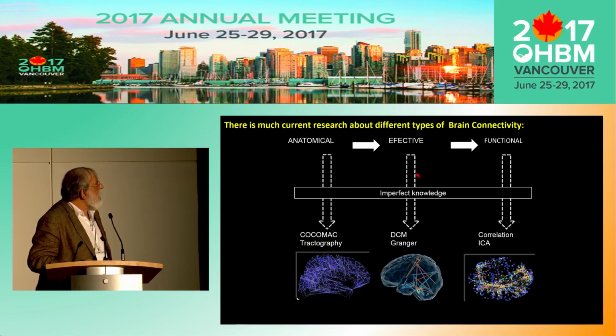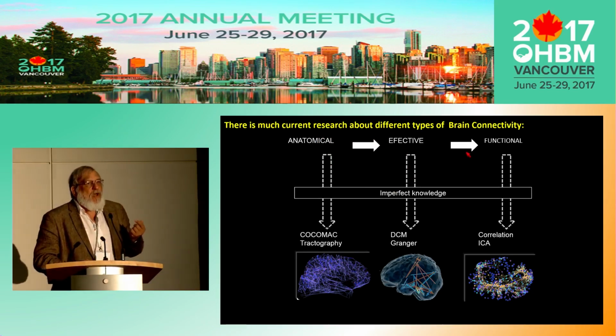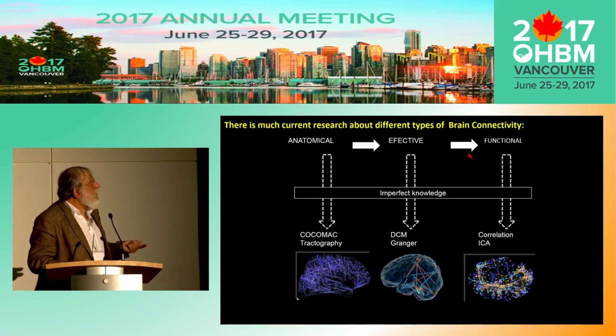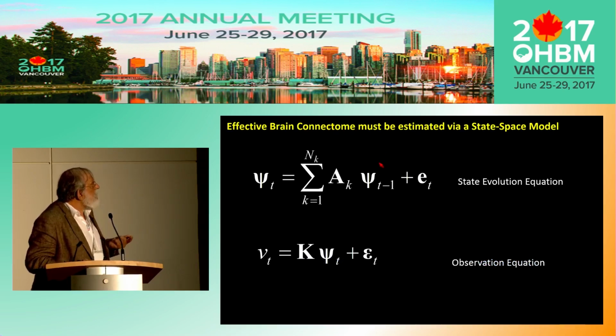We don't observe them exactly. We have imperfect knowledge. Therefore, we have to estimate the anatomical, the effective, and the functional connectivity. And here's where functional connectivity has a vindication, because we usually proceed from measures of functional connectivity that then narrow down to effective, and actually, we have to combine all types of information.